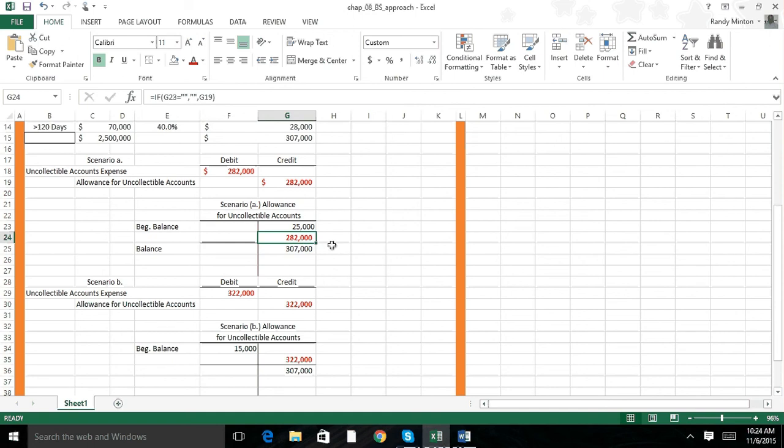Now, in the second example down here, since we add likes and subtract unlikes, what I had to do to come up with this $322,000 entry was actually add to this number. So to this number, I added this number to get to this number. Why? Because I have to come out to this number.